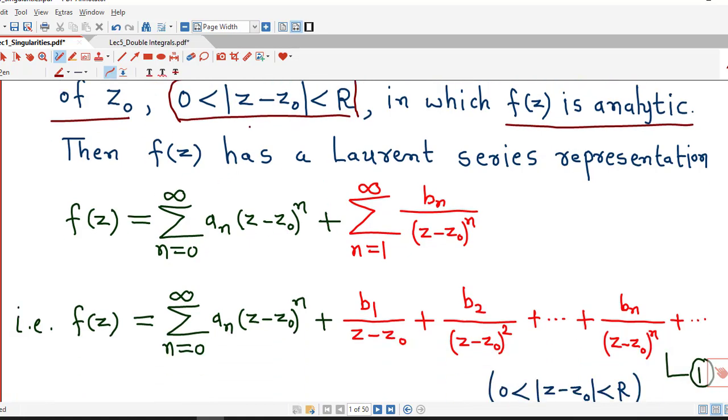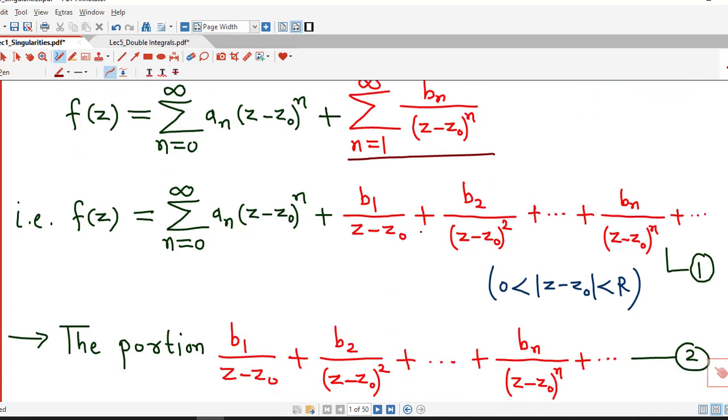So, because f of z is analytic in this deleted neighborhood, suppose f of z can be represented by this Laurent series: sigma a_n (z minus z0) raised to n, n from 0 to infinity, and sigma n equal to 1 to infinity b_n divided by (z minus z0) raised to n.